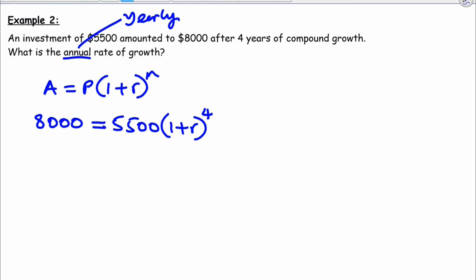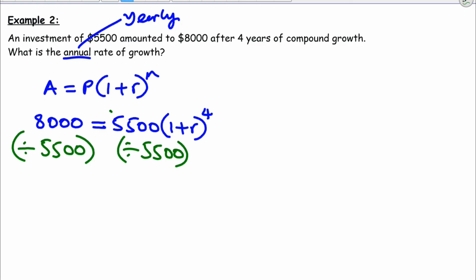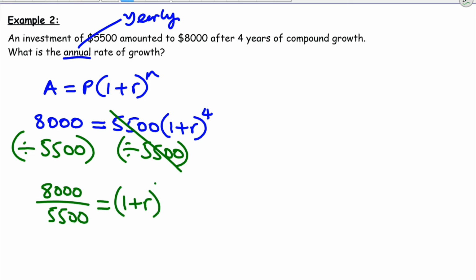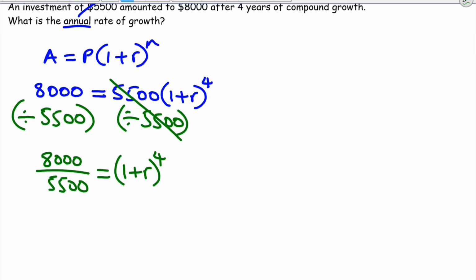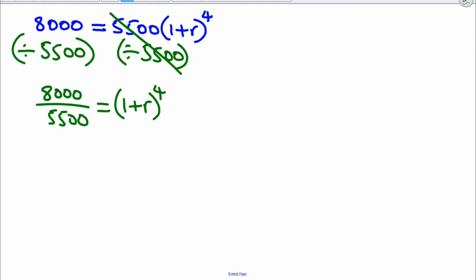So again, the same way, the opposite of multiplying by 5,500 is dividing. So this will be equal to 1. So 8,000 over 5,500 will be equal to 1 plus R to power 4. Now the opposite of something to power 4 is a fourth root.